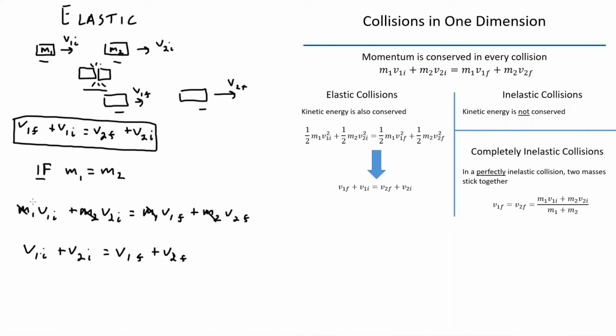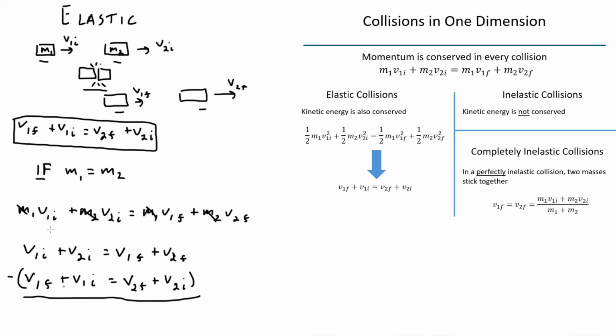Okay, now I also have this special equation I wrote up here, v1 final plus v1 initial equals v2 final plus v2 initial. And I'm going to once again do my favorite trick. I'm going to subtract these two equations.